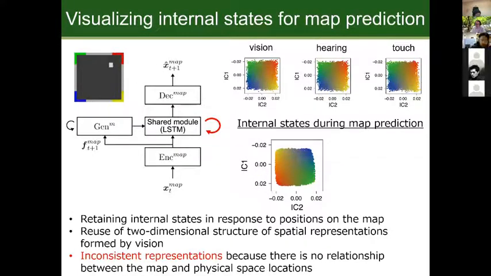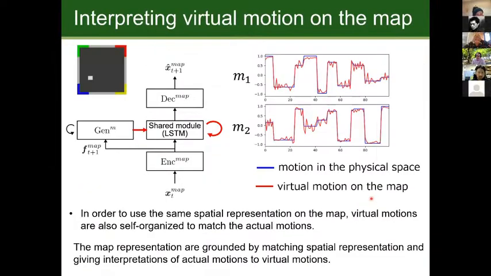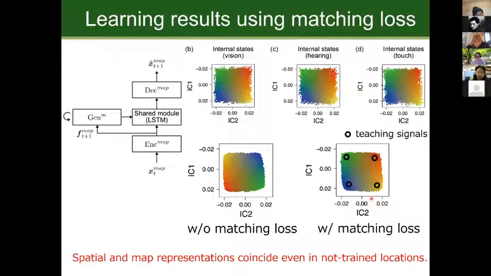Any more questions? Elana. The mismatch between the different modalities without the matching loss reminds me a little bit of motion sickness. Some people say that motion sickness is when your visual input does not correspond to your motion sensation.